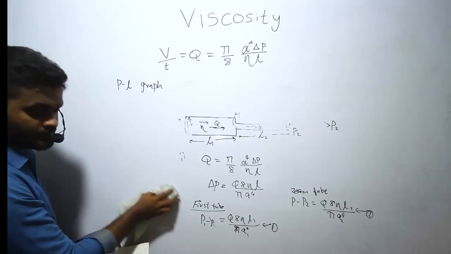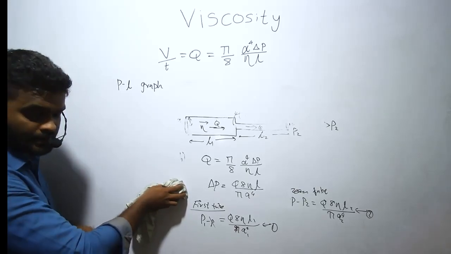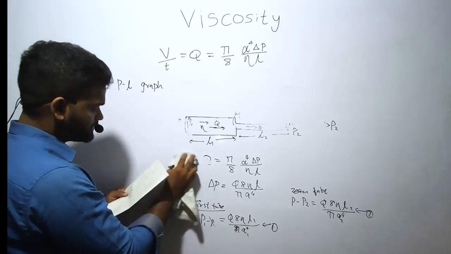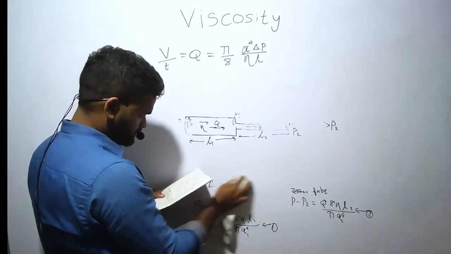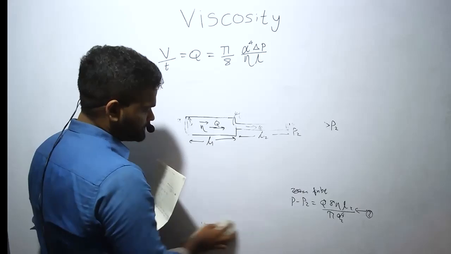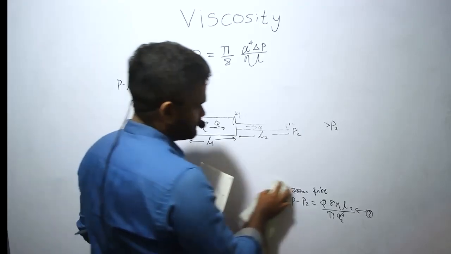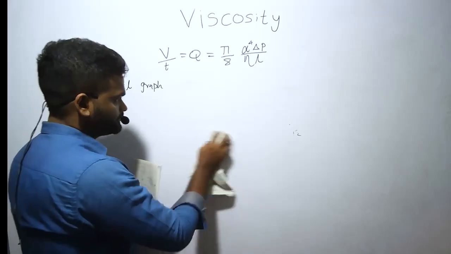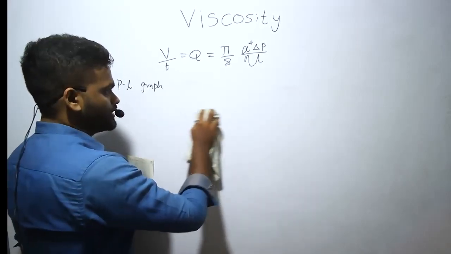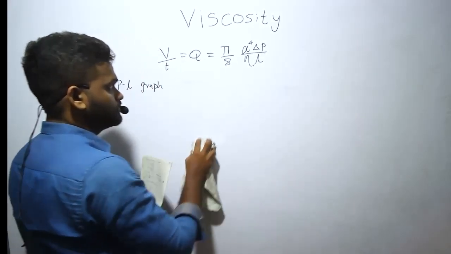Write down below that: since Q is the same for both tubes.